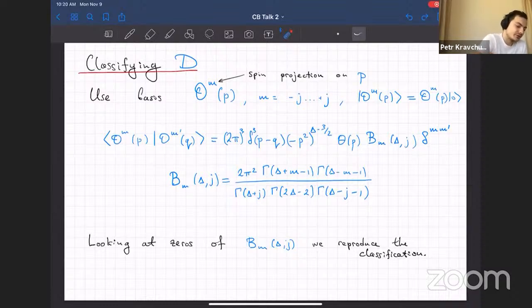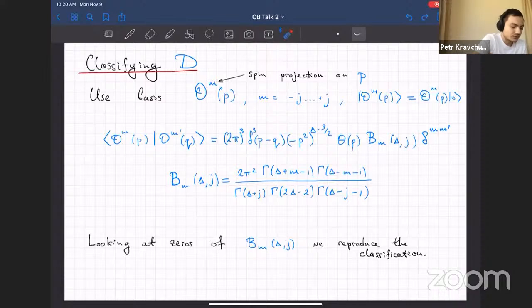So the bottom line is that the states in our representation, described in this way, form essentially an orthogonal basis, and the norms of these orthogonal states are given by this function.